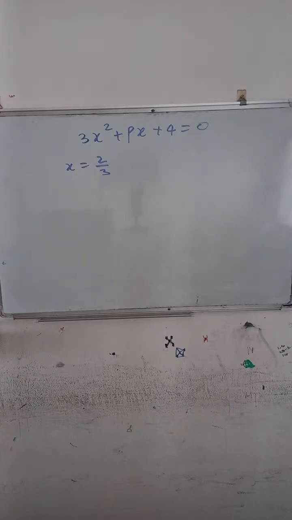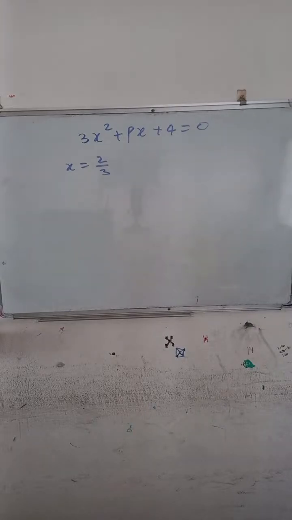So here, if one root of the quadratic equation 3x square plus px plus 4 is equal to 0 is 2 by 3, then find the value of p and then find the other root of this equation.